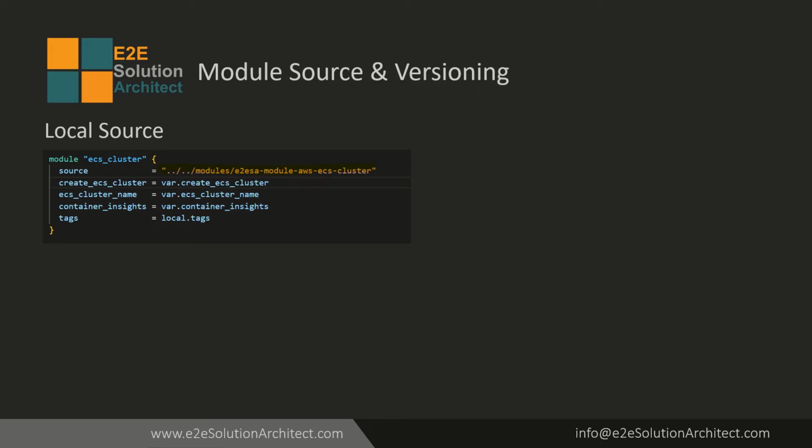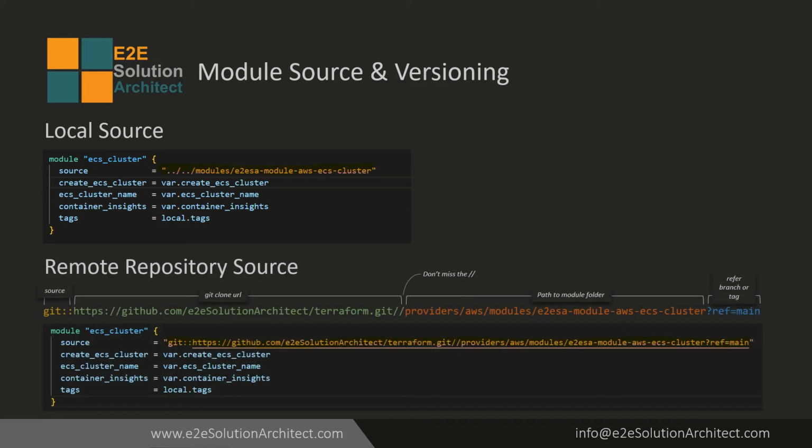And now next thing is remote repository source. So Terraform also provides one feature where you can refer to your modules from a Git repository. So if you have kept your modules in a Git repository, you can use this URL format to pull your modules from the remote Git repository into the system where you are running Terraform.